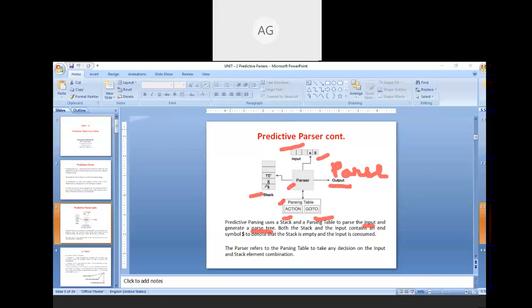You can see the end symbol in the stack is dollar, and also in the input string the end symbol is dollar. The input string starts from left to right as we scan it from left to right, and the end of the input string is denoted by the dollar symbol. In the stack, as we know, there are two operations: one is push and the other is pop.